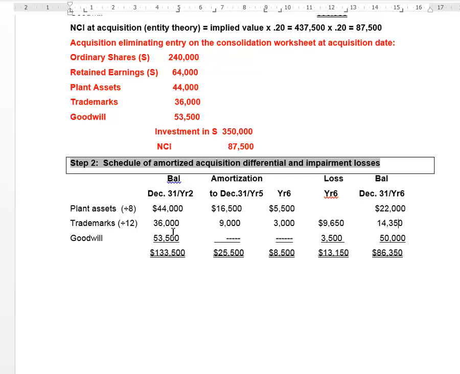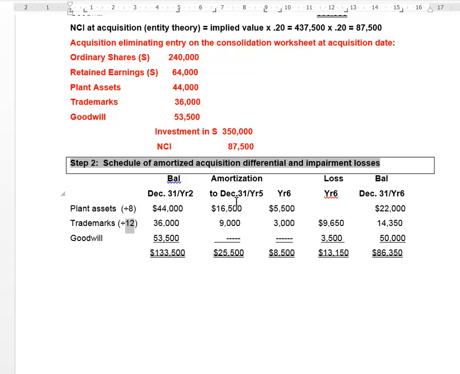Don't forget, so far, I've only amortized years 3, 4, 5, and 6. So I would have to be amortizing $14,350 for the remaining 8 years for the trademark because I've already amortized, including impairment losses, for 4 years.